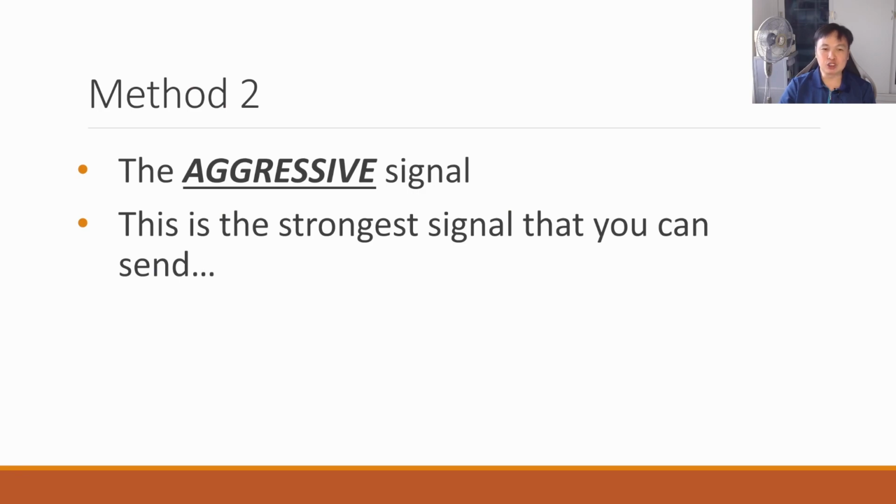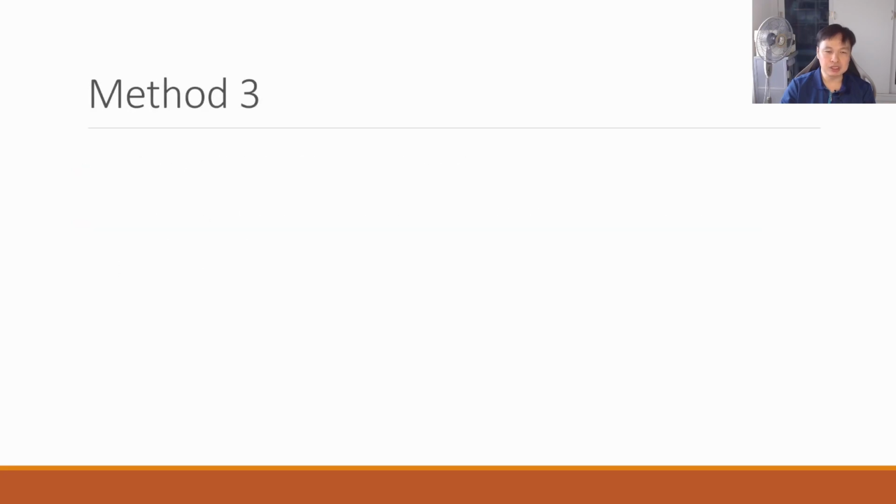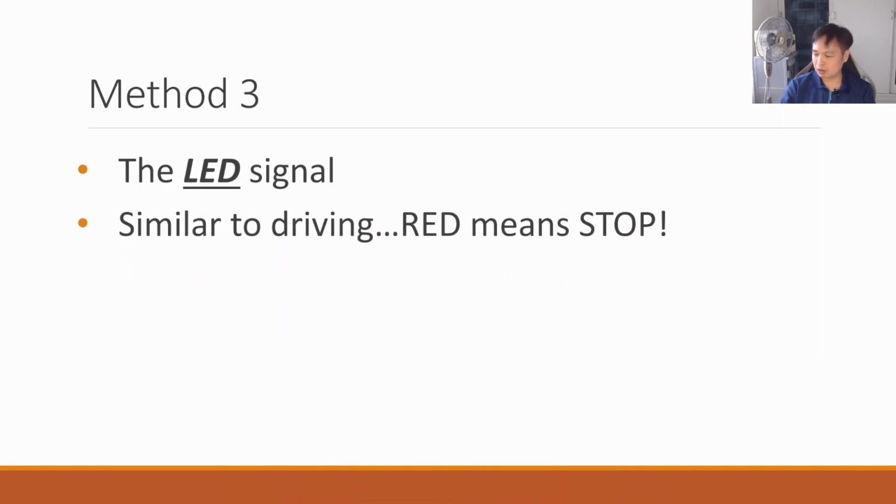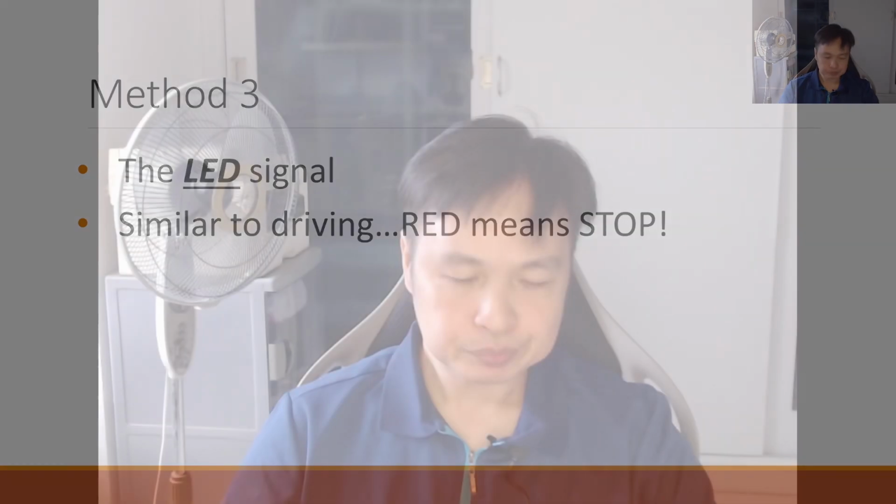Now, if the stronger signal still doesn't work, right, you might want to go with something more subtle. So I have the final method for you, right, which is method number three. Now, I call this the LED signal because that's what we usually do in driving, right? When you drive, red means stop. So what you do is you bring along a bicycle light, right?